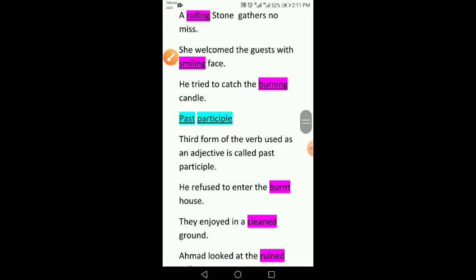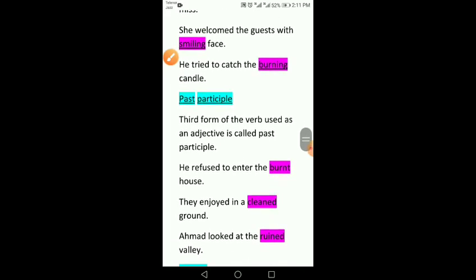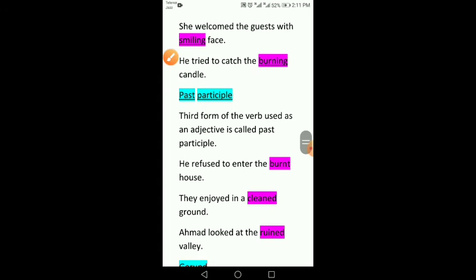So we move to the next example. The next example is she welcomed the guests with smiling face. Here smiling is describing face. So smiling is working as adjective, so it is present participle as it is fourth form or ing form of smile.